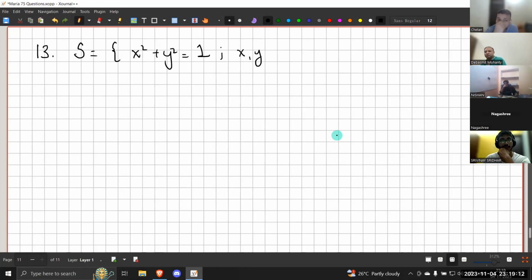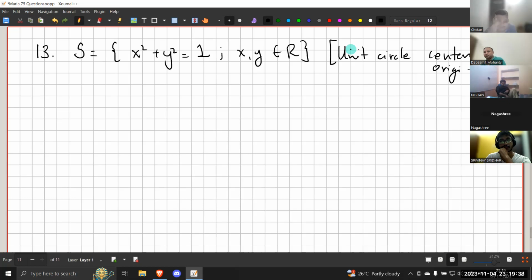But any closed space cannot be a subspace. That is the most important observation that we make in this question. And since it cannot be a subspace, we don't even need to talk about whether it's a vector space.